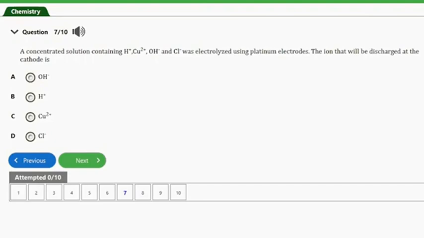So guys, the answer to this question is option C here, and that's copper ion. In electrolysis, the ion that will be discharged at the cathode is the cation, which is the positively charged ion. So in this case, the cation is the copper here. And since the cathode is negatively charged, it will attract this positive ion, which is the copper, and then gain electrons from the copper metal. So that's it for that question.